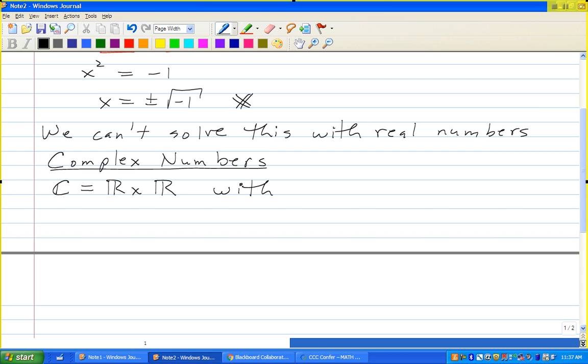If (a, b) and (c, d) are members of the complex field, so let's say a, b, c, d are real numbers, then I can define addition of two complex numbers as follows. It's just equal to (a plus c, b plus d).